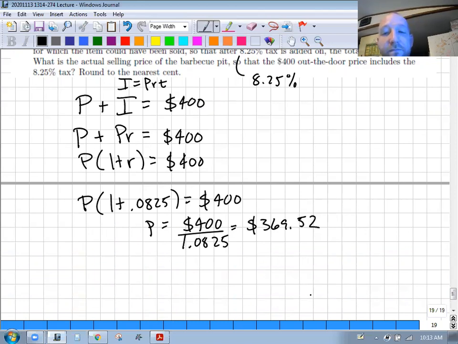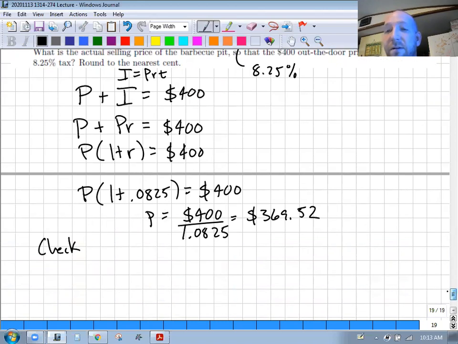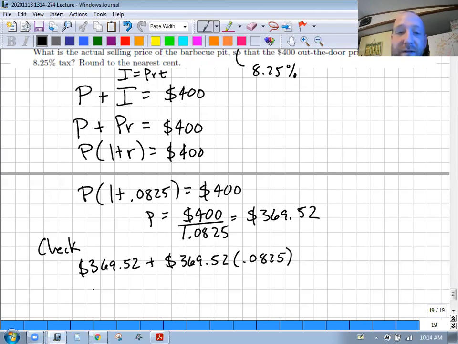It's $369.52. Let's check. All right, we don't want to put out the wrong price and end up losing money on our barbecue pits. $369.52. If we add to that the interest, that would be that times 0.0825, right?